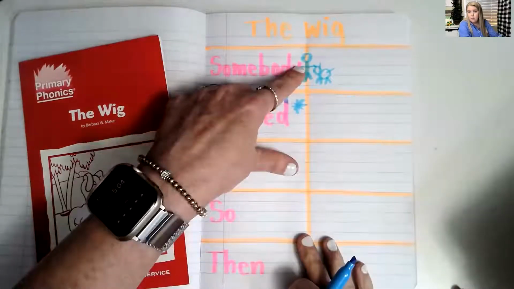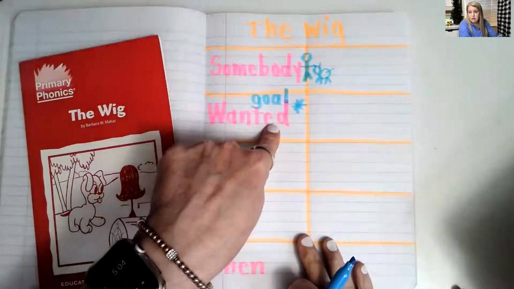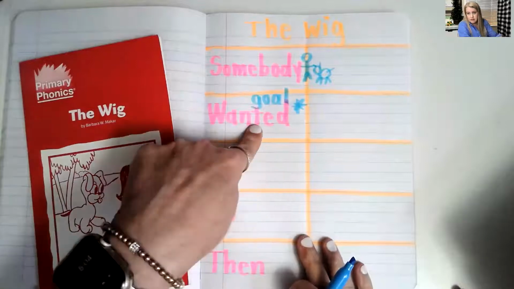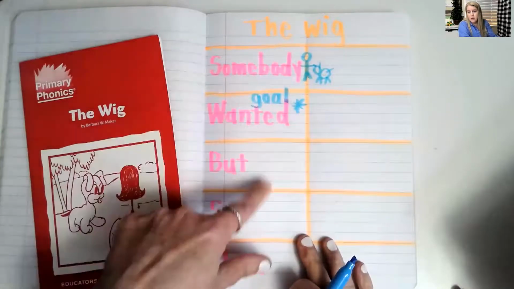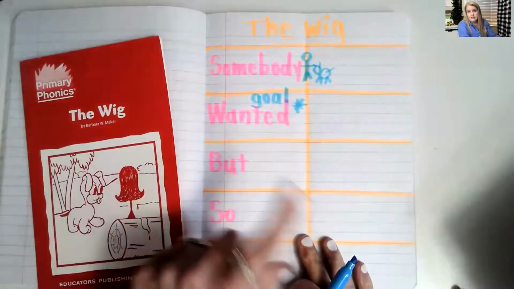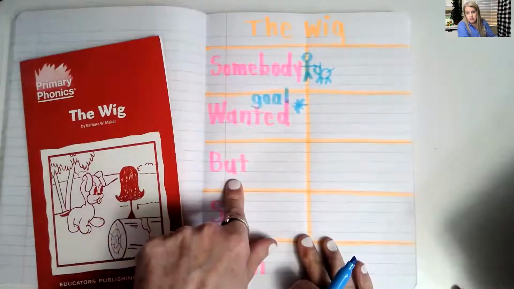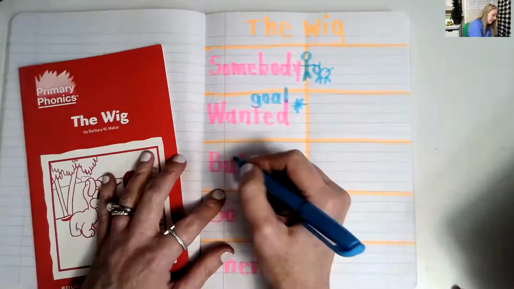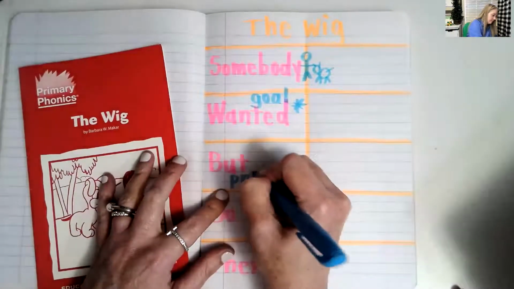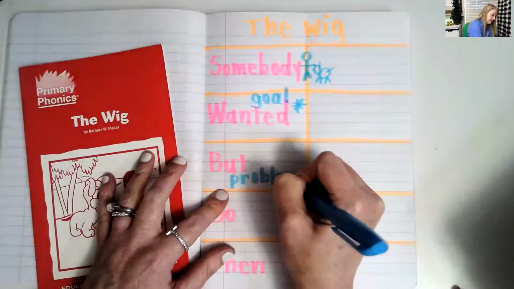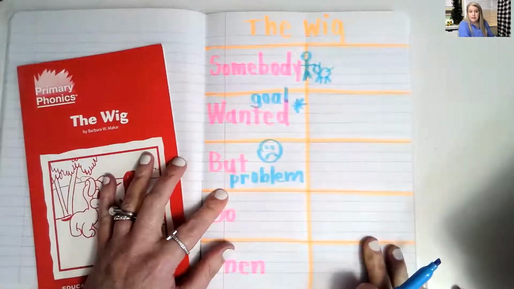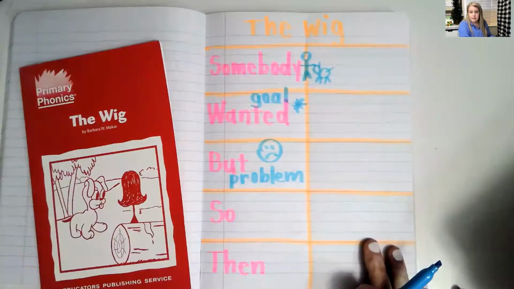So they want something. So you're going to have to think about who it is in the story that really wants something. Because so often we're thinking about who has the problem, and that doesn't always work out on this. It's not quite the way it works. But is the problem. So you have to think about what happens that is the problem in this story.